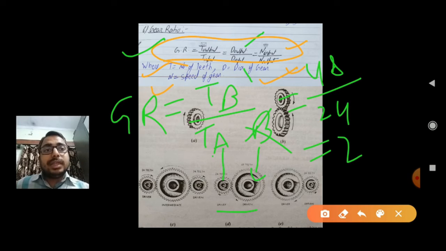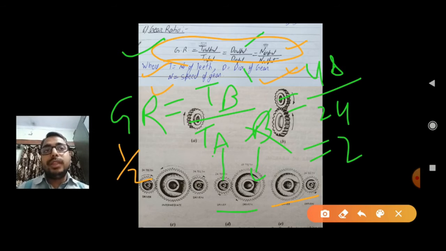As you see, the gear ratio in diagram D is 2. In diagram E, the driver gear has 48 teeth and the driven gear has 24 teeth, so the gear ratio will be the opposite: in place of 2, it becomes 1 by 2. So this is the formula of gear ratio.